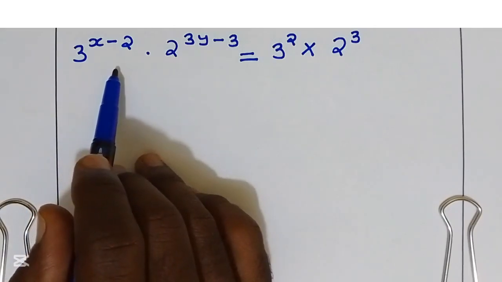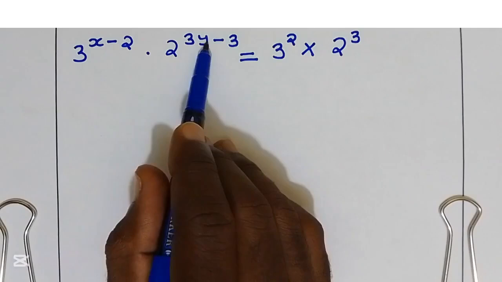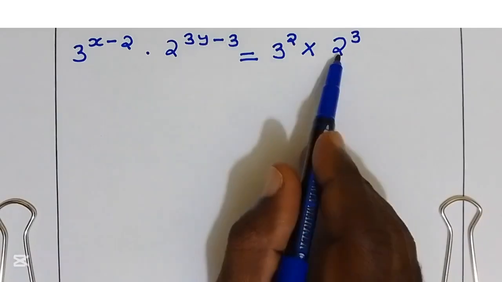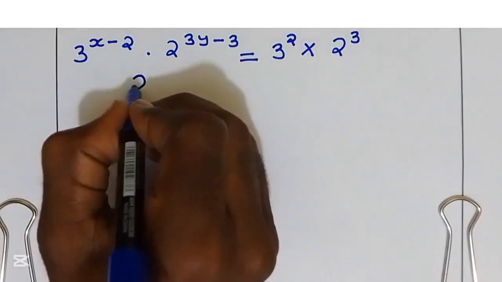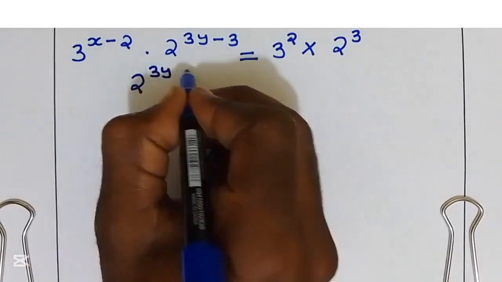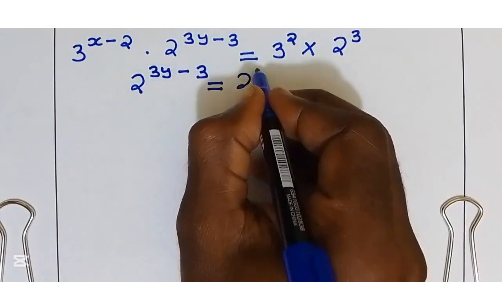Now let's go and find the value of y. We are going to compare 2 power 3y minus 3 and 2 power 3. Since the bases are the same, 2 power 3y minus 3 is equal to 2 power 3.